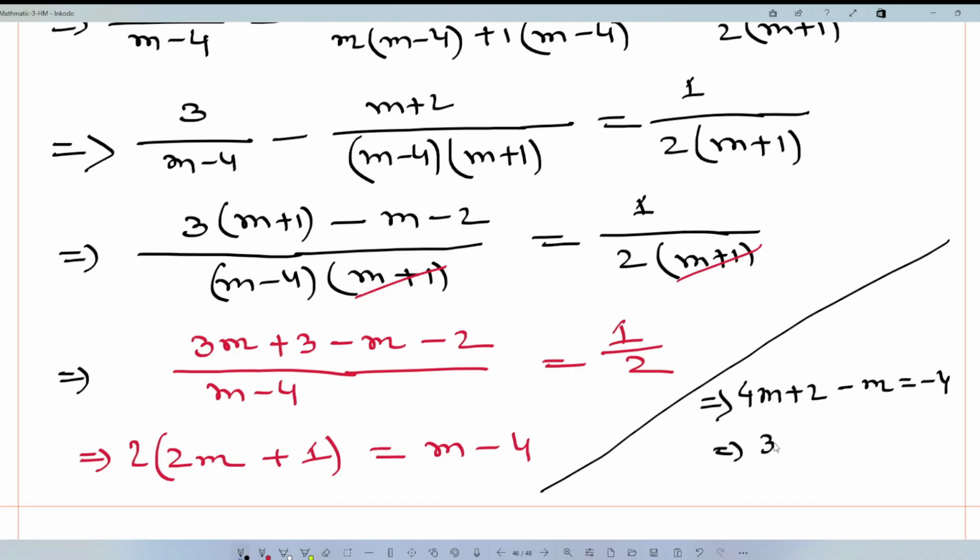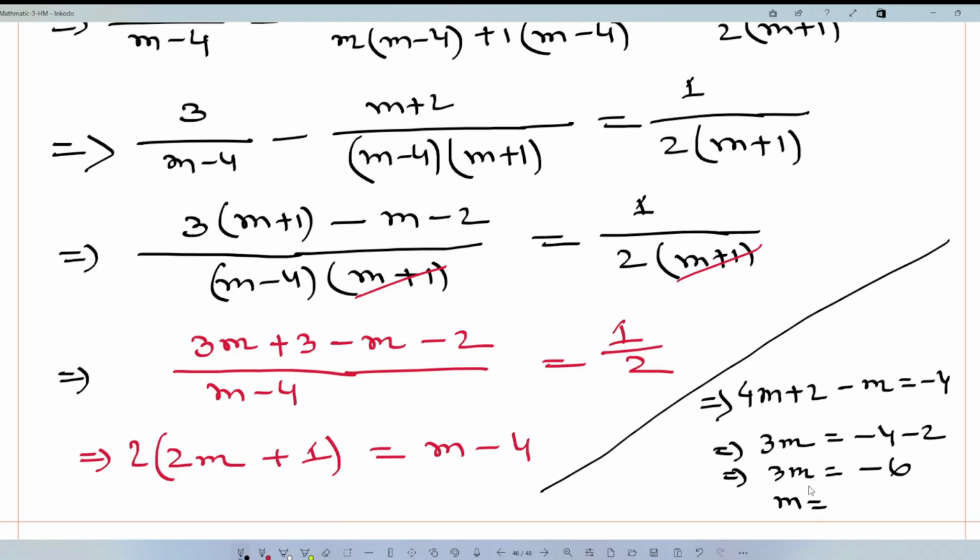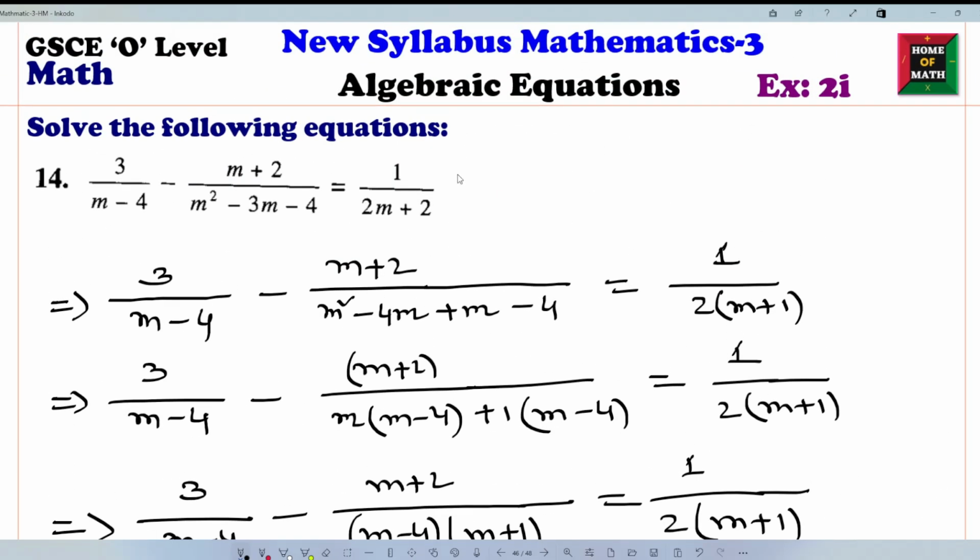So here is 3m, and these two go to the right side, so minus 4 minus 2, so 3m equal to minus 6. Once we divide both sides by 3, it will become minus 2. So our answer is m equal to minus 2.